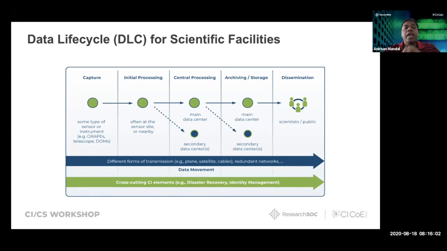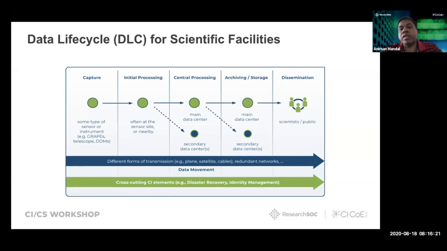So it's a very general model, but there are lots of nuances that are cross-cutting, and even the CI for each of these steps can be incredibly complicated.